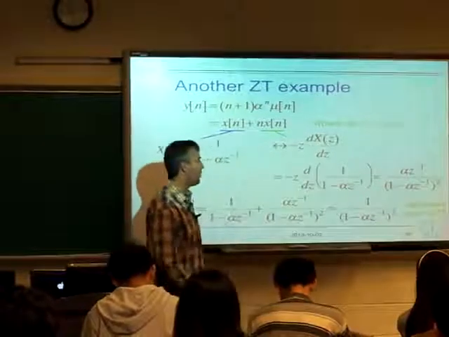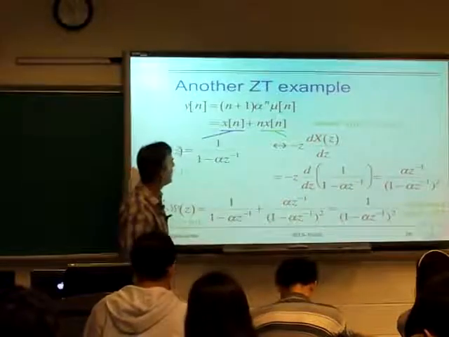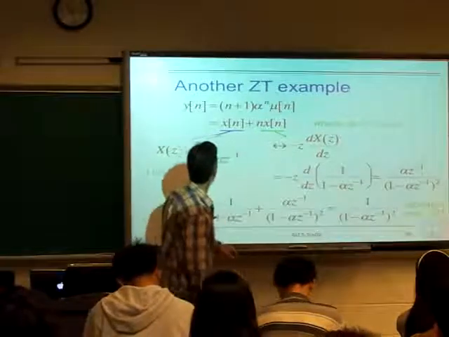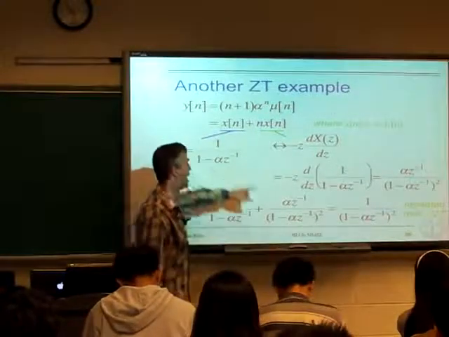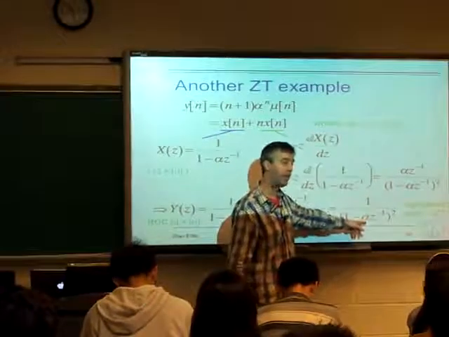So what's the point of going through that? We got the answer, but the answer is a simple thing here. The z transform of this has a repeated root, right? On the z-plane, this is 2 roots at z equal alpha.